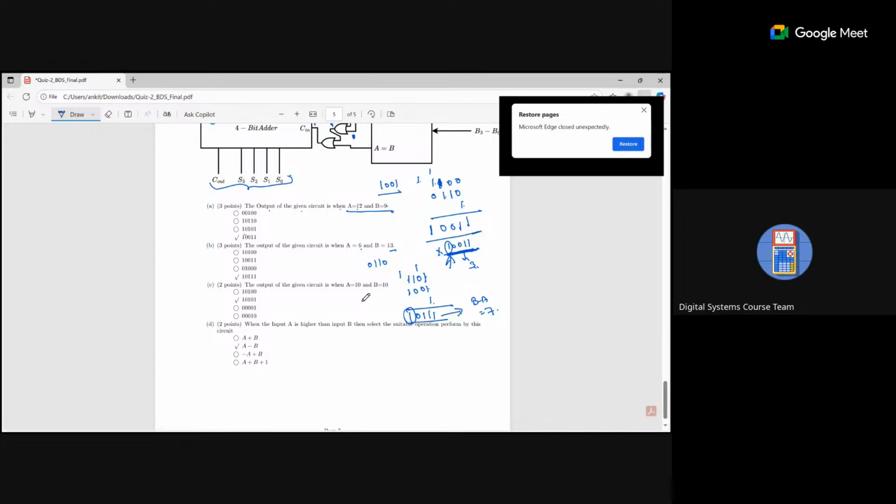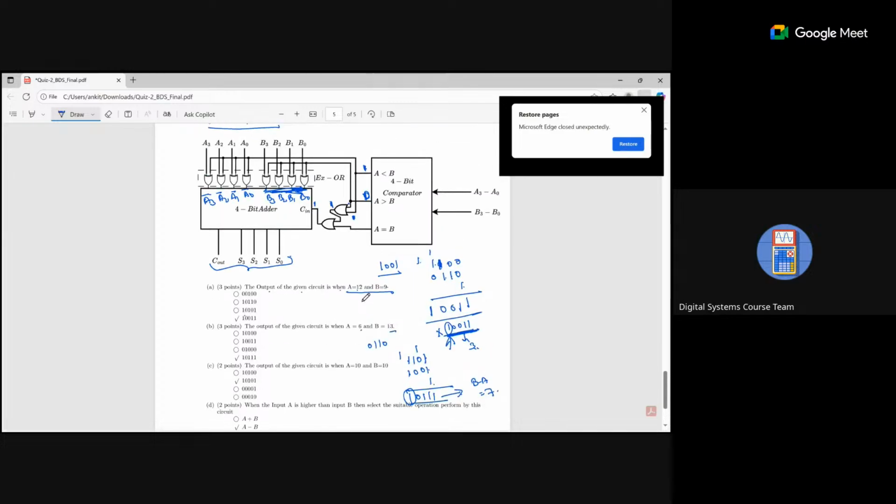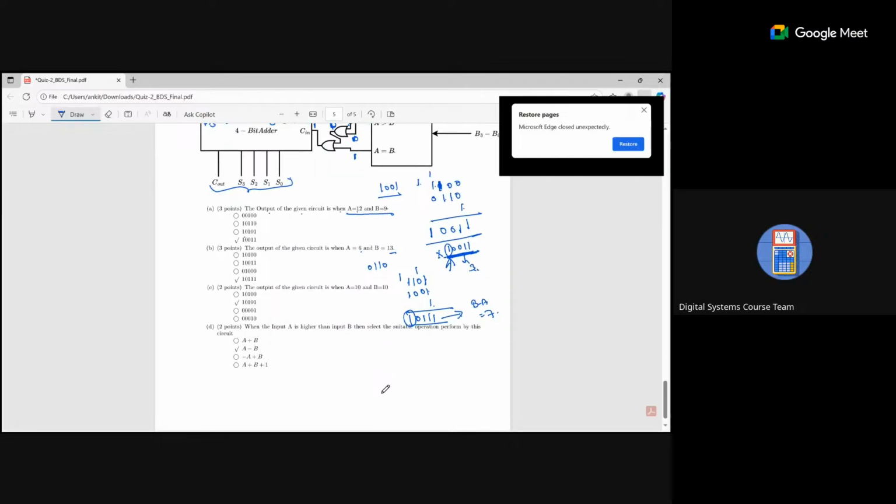Now when both are the same, A is 0, B is 0. So this is 0, this is 0, so we are getting 0 here. Now A is equal to B, so this one is 1, so Cin is again 1. No complement. Why?